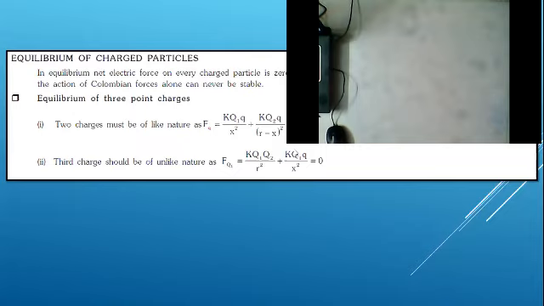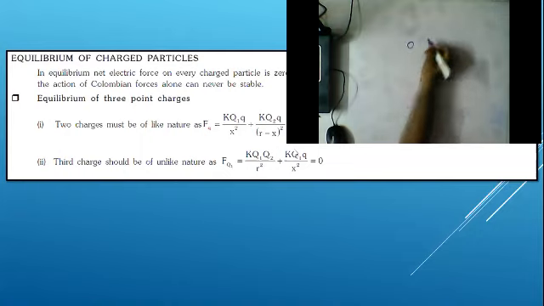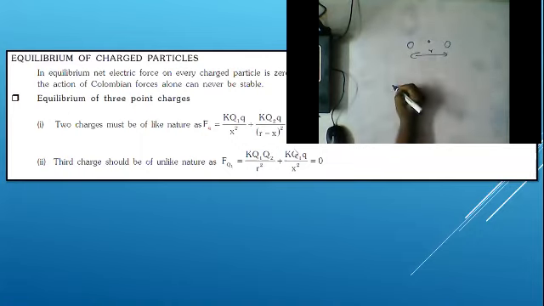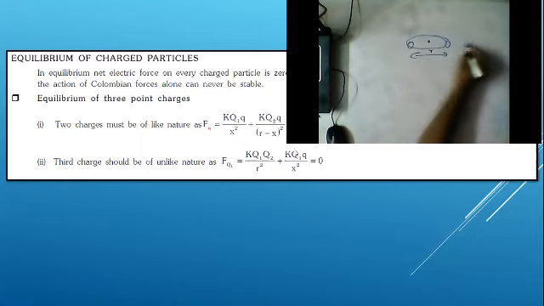That is, the net force acting should be zero. For example, here I have two charges, and this is the distance between them. Between these two, another charge is placed. Due to this charge, the net force of the whole system is equal to zero. F net is equal to zero.